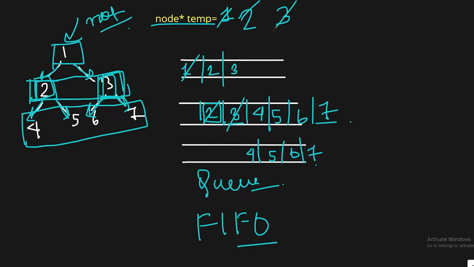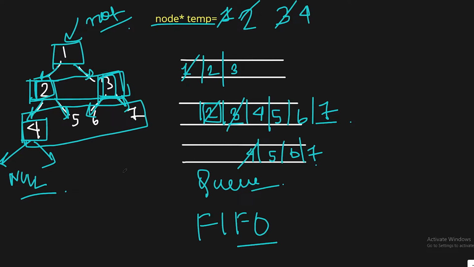Again, the front element of the queue, 4, gets placed in the temp, and now the pointer shifts to 4, and it checks whether it has a left element and a right element. No, it doesn't have, so this is null. So 4 gets popped out and nothing gets added to the queue.